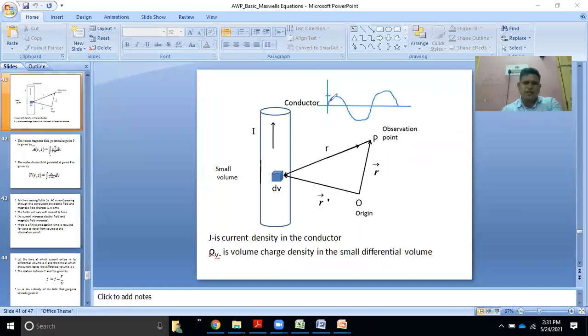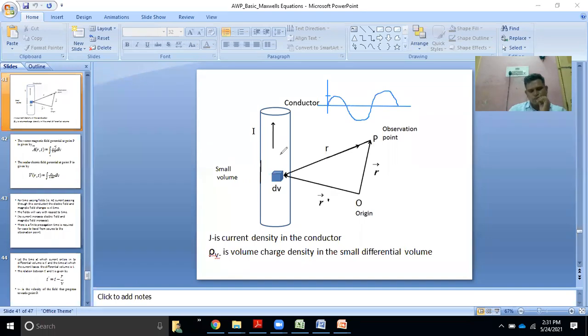Because of the change in the current, suppose we have placed a conductor in the z direction. What is the direction of the magnetic field? Can anybody tell me? If the current carrying conductor is placed in the z direction, what is the direction of the magnetic field?